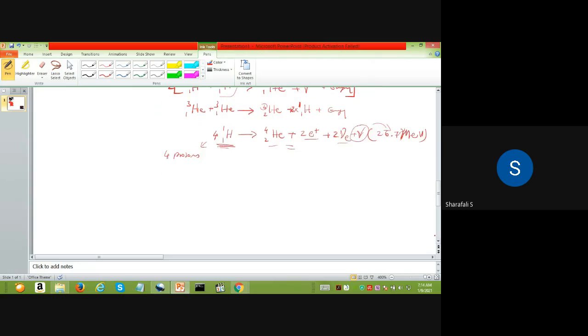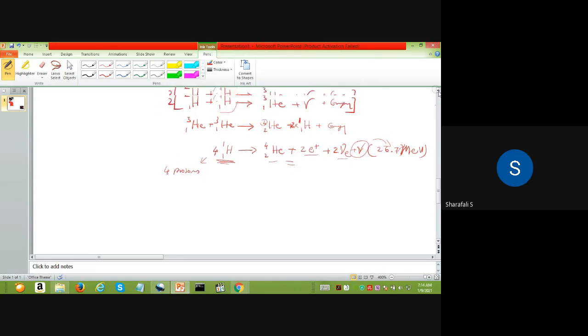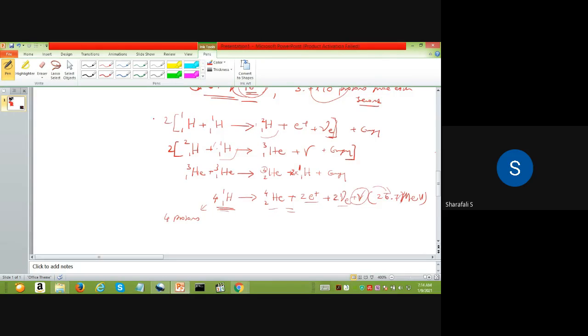Okay, so this is one of the possibilities, and this complete cycle is called the PP1 cycle, proton-proton first cycle.